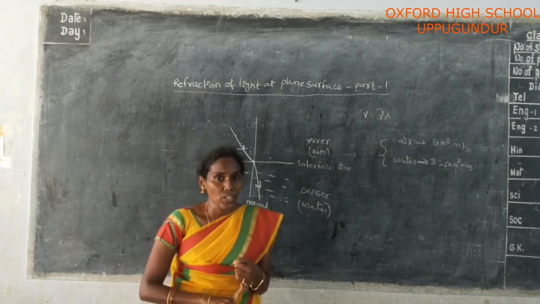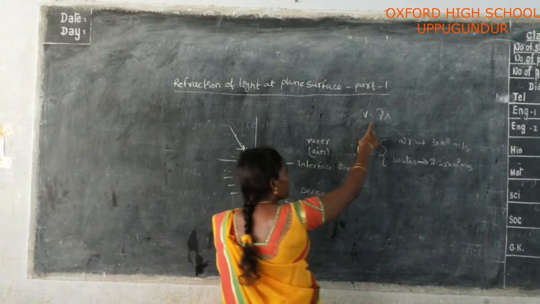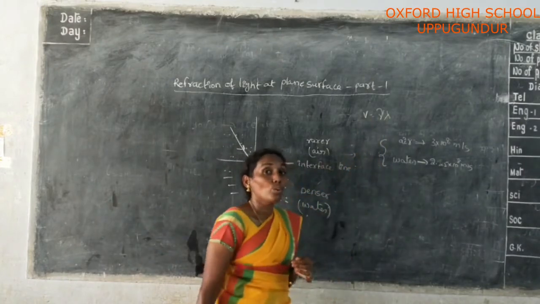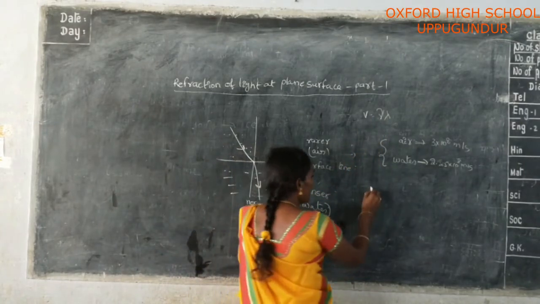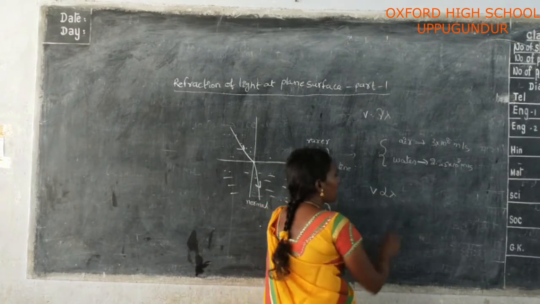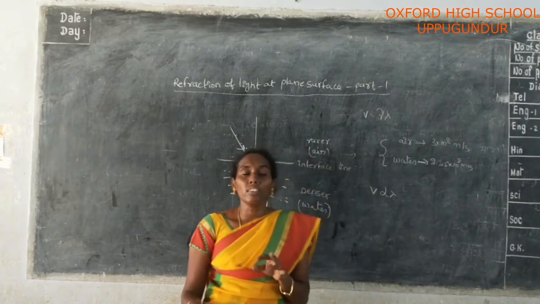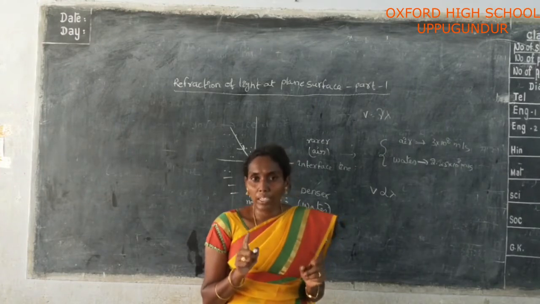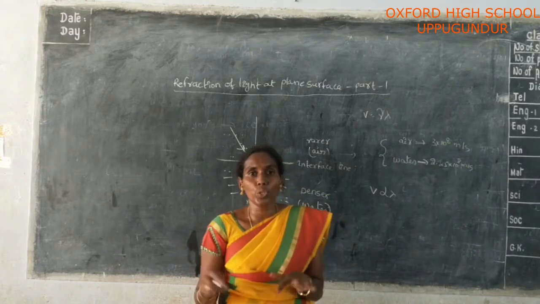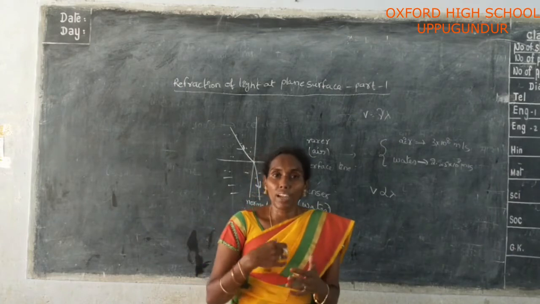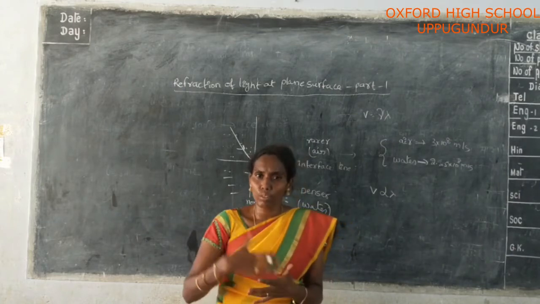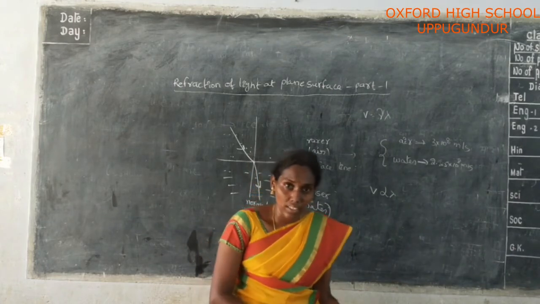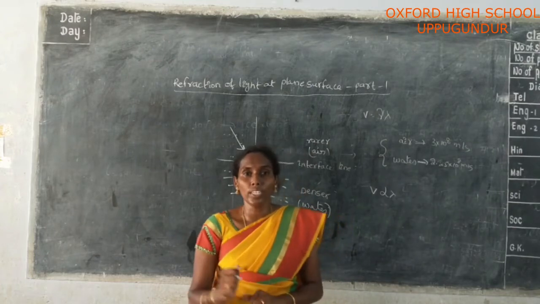Here v is velocity, ν is frequency and λ is wavelength. v is directly proportional to λ. The velocity of the particle is always directly proportional to the wavelength. If velocity increases, the wavelength also increases. If the velocity decreases, the wavelength also decreases.